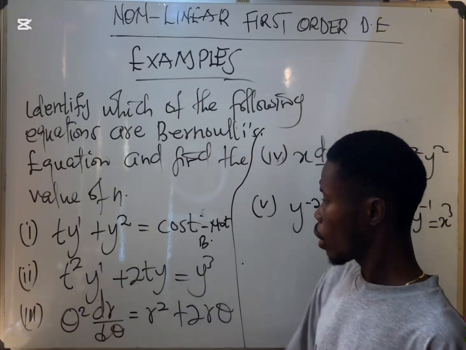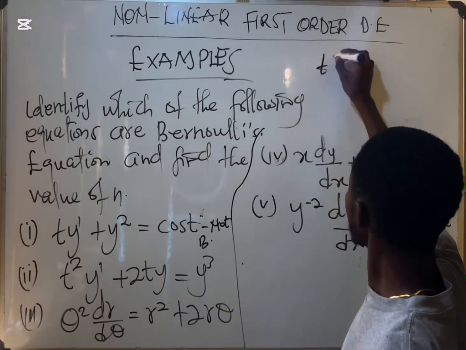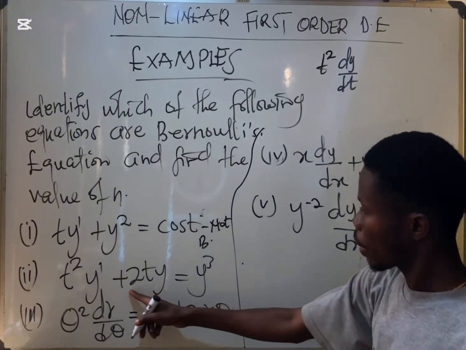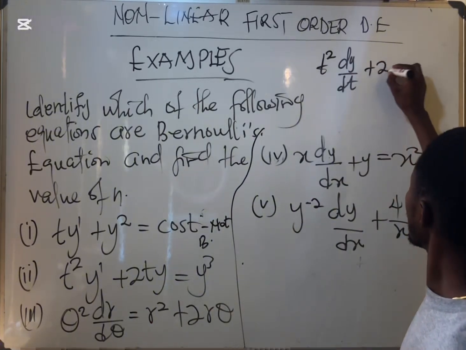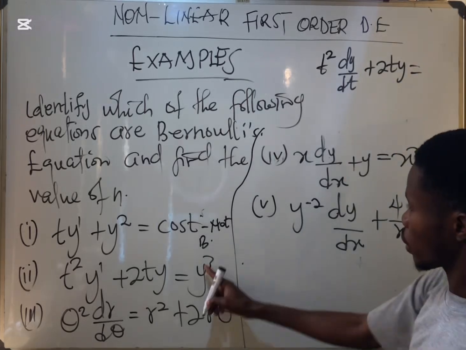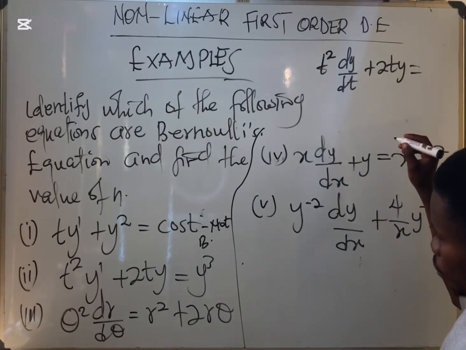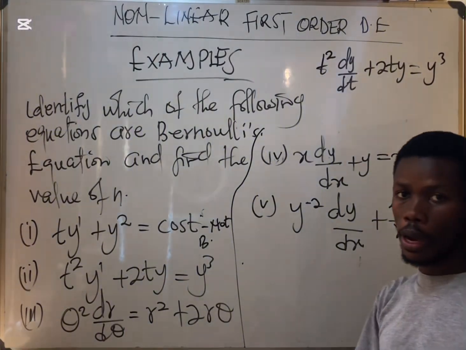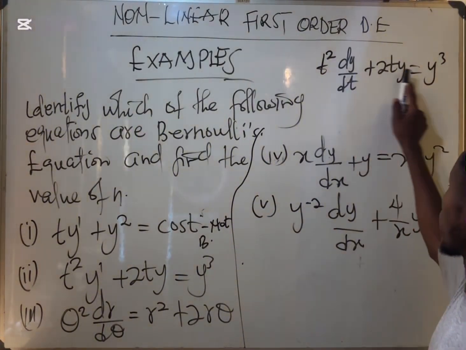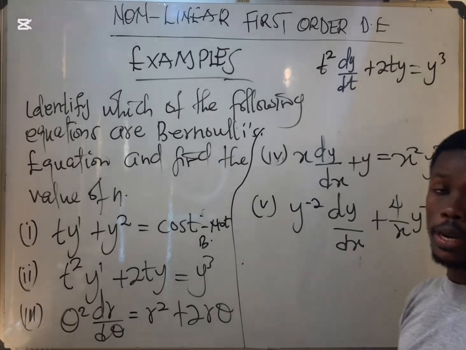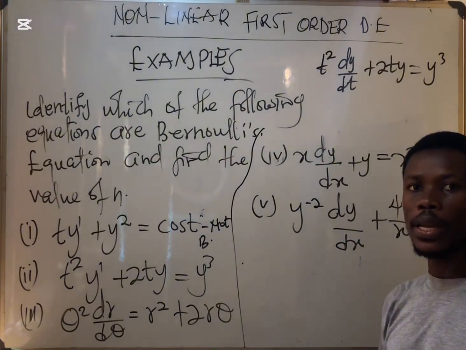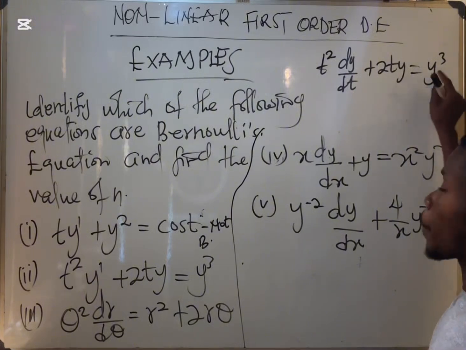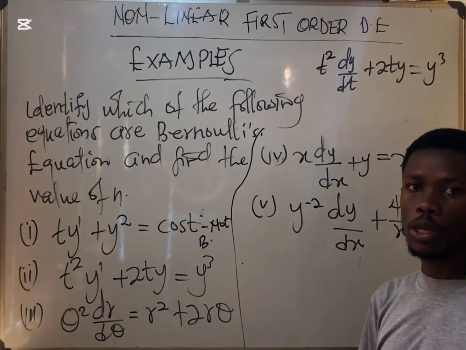Now let's look at this one. t squared dy/dt plus 2ty equals y cube. The y cube is the dependent variable, and anytime the dependent variable is here with a power, then we can say it is a Bernoulli.